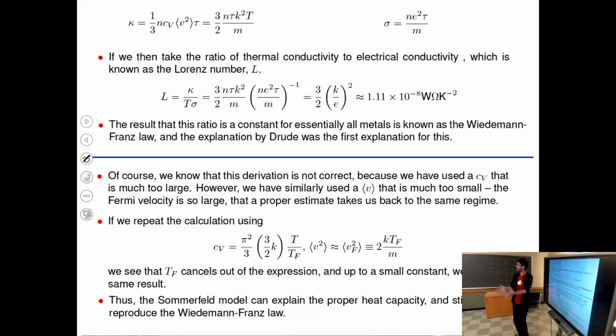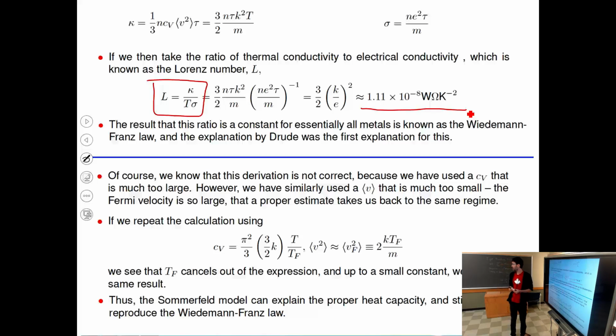So many, many materials were measured, and the same thing was found: if you take a ratio of thermal conductivity kappa and electrical conductivity sigma, then you get a constant times temperature. So if you take kappa divided by T sigma, you get a constant. And this constant is very similar for many, many materials.